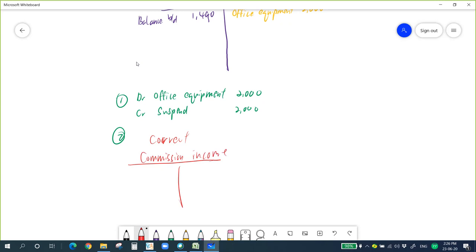By right, I should show a collection, which is bank 300. However, with the wrong one, the accountant accidentally recorded it in the commission expenses account.